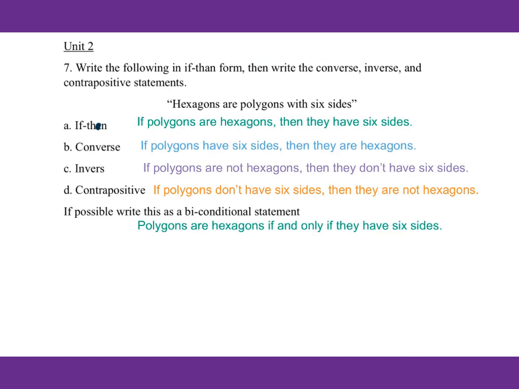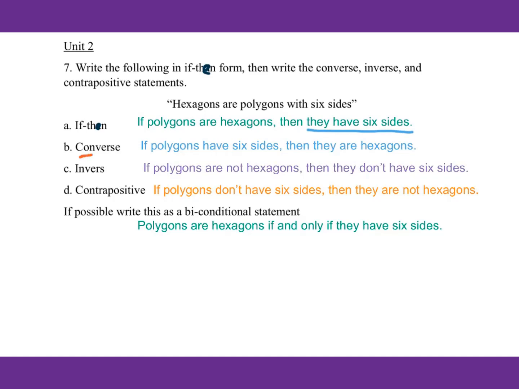For number 7, write the following in if-then form. Then write the converse, inverse, and contrapositive statements. Hexagons are polygons with 6 sides. For the if-then statement, if polygons are hexagons, then they have 6 sides.